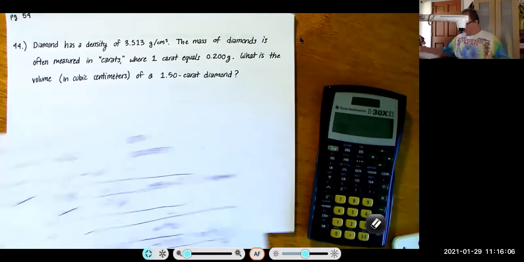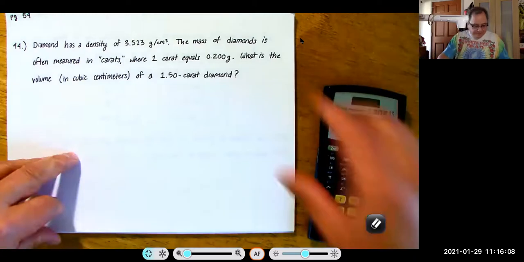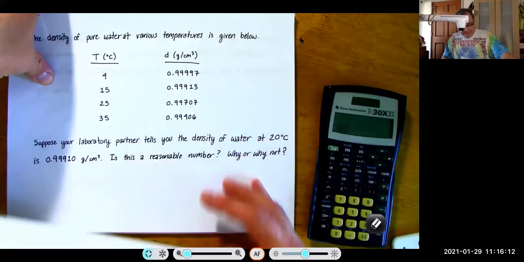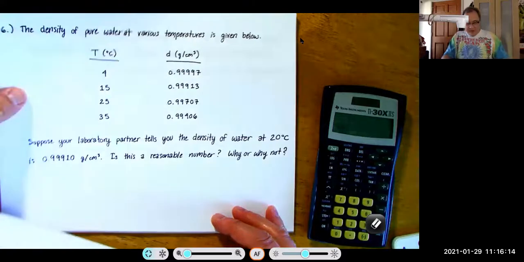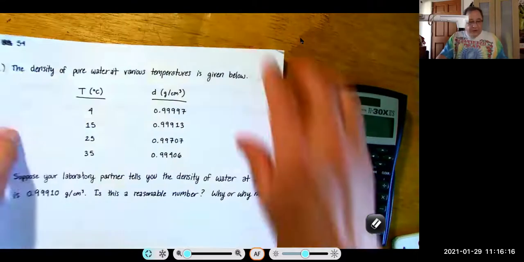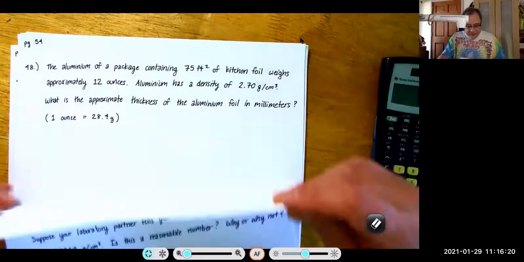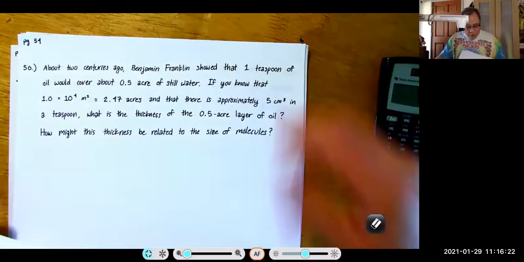All right, let's go ahead and move on. Actually, it's 11:16, so it's time to quit. All right, so the rest of the problems here are very similar to ones we've already done, just more of the same.